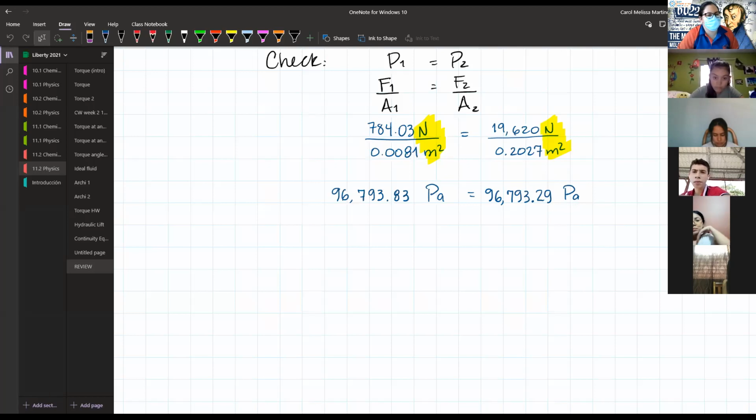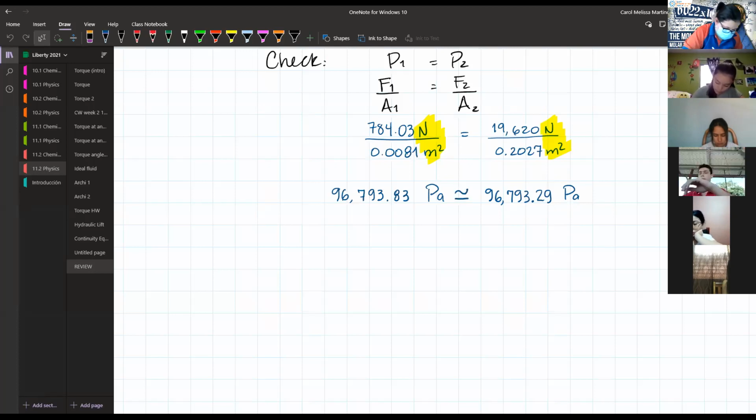Is it equal? More or less. Only the decimals are different. As you said, more or less. Okay? So when it's more or less equal, but it's pretty close, we say it's accurate. So we don't say it's equal. We say, well, not equal, but at least it is accurate.